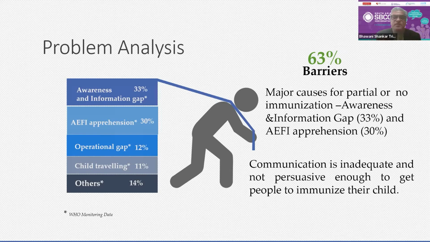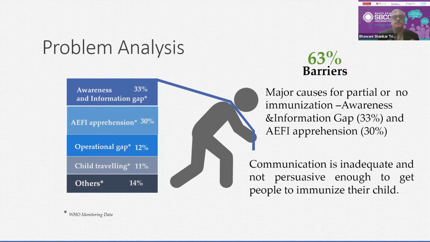The problem is that we see two very significant barriers identified from the data presented here. One is the awareness and information gap, and the second is the apprehensions resulting from adverse events following immunization.